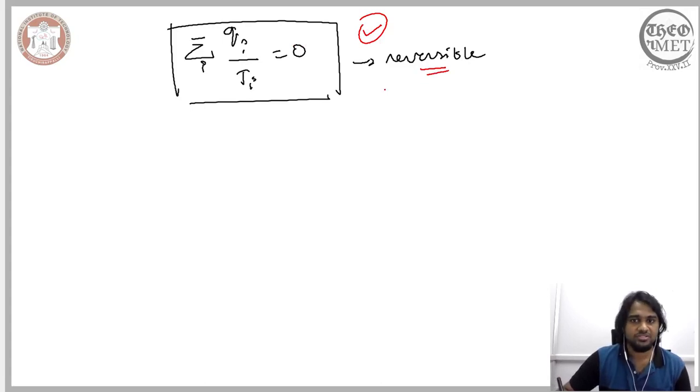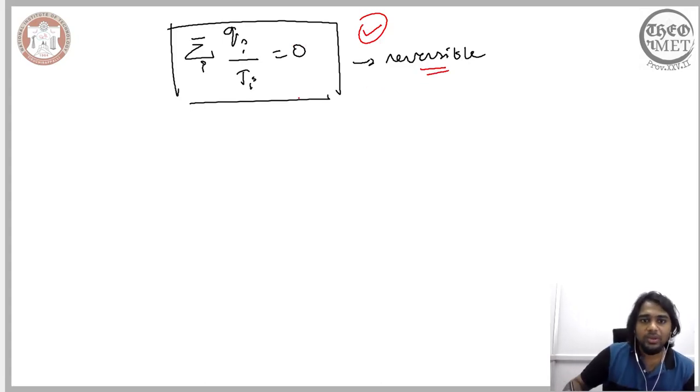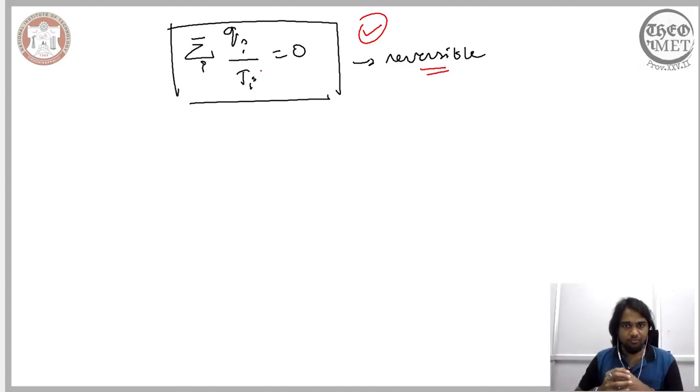And this condition should hold true whenever you have a reversible process. Now what you essentially have in this case is several steps involved, and for each of these steps you are considering the heat transfer and the associated temperature, and the sum of it is 0.